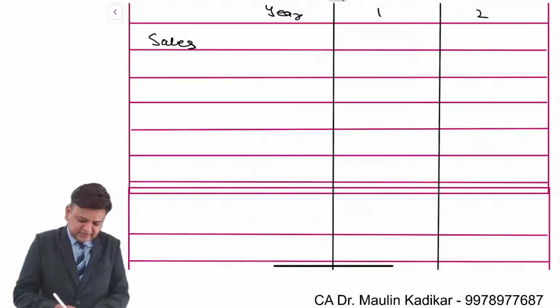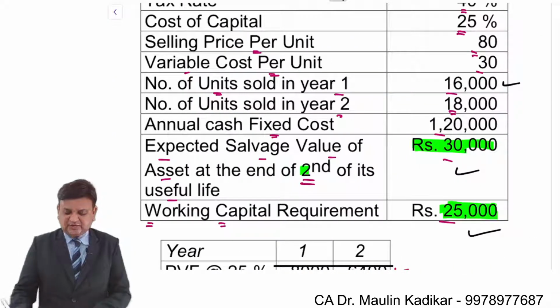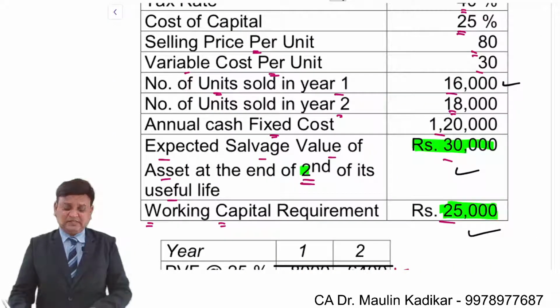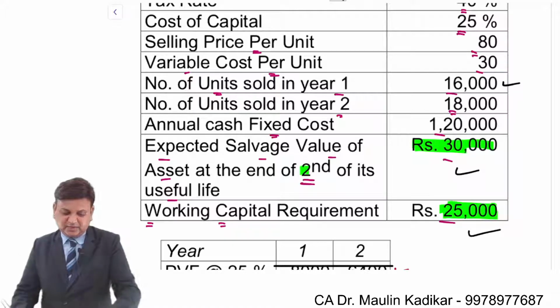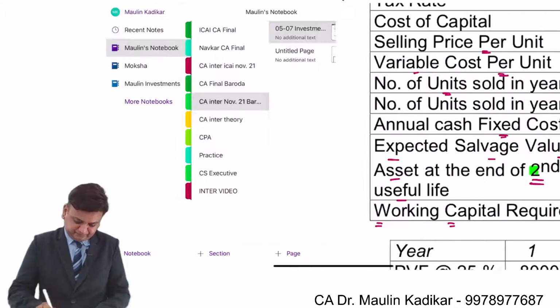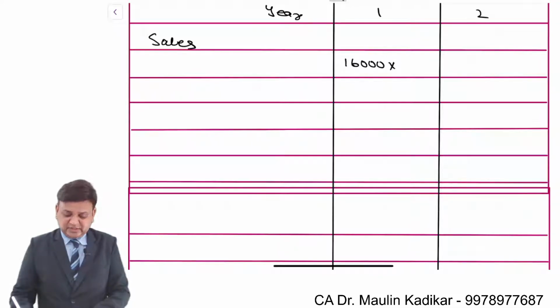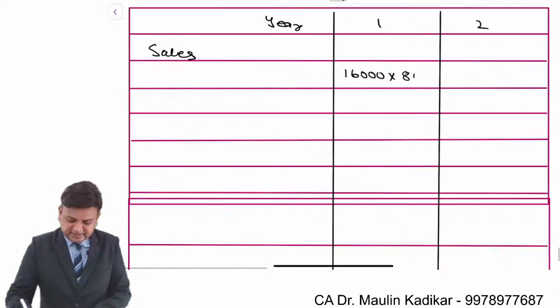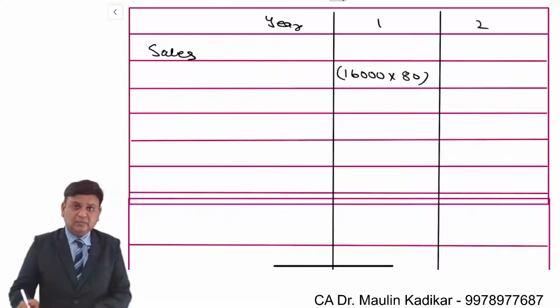First of all, we will start with the sales. In the first year we are going to produce and sell 16,000 units and the selling price per unit is 80. So 16,000 units into 80 comes to 12,80,000.